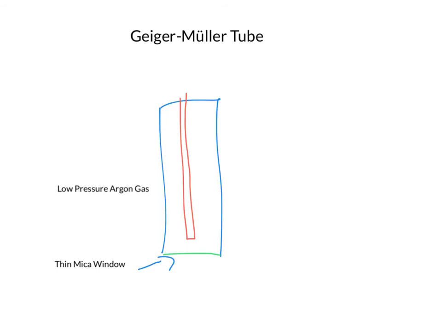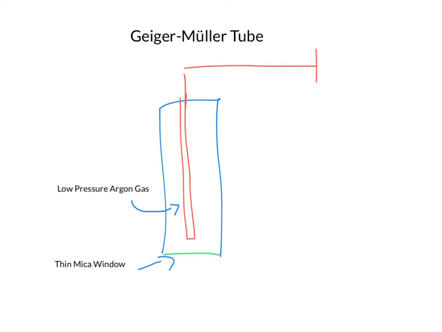Now the tube is filled with something that we want to act as an insulator. So normally what they will fill it with is a low pressure gas, the most commonly used of which is argon. Now the next step involves connecting up the central pin to turn it into an anode.